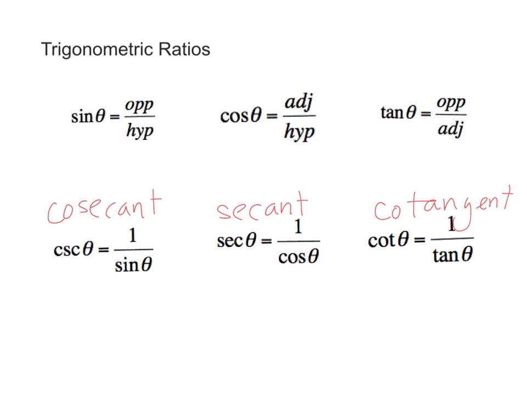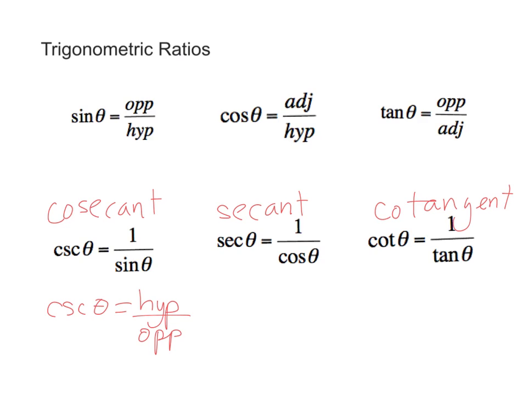So if we were looking for a ratio of side lengths, if it's the reciprocal of sine, what would the ratio of side lengths be for cosecant? Yeah, it would be hypotenuse over opposite. So sometimes when you're dealing with cosecant, you want to think about hypotenuse over opposite, or sometimes you'll find the sine and then flip it over, take the reciprocal.